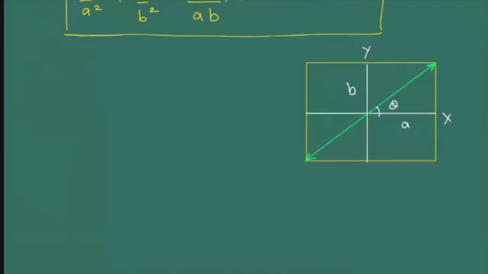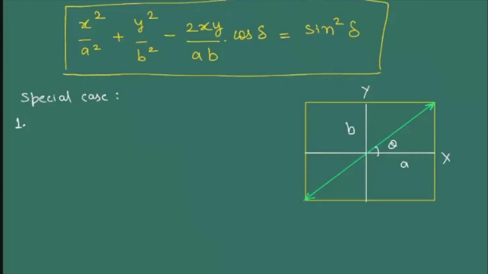Let us consider special cases. My first special case is delta equal to 0, 2 pi, 4 pi, or you can say delta is 2m pi, where m equals 0, 1, 2. So that is easier to substitute. In this situation, if my delta is 0, then sine 0 will become 0 and cos 0 will become 1.